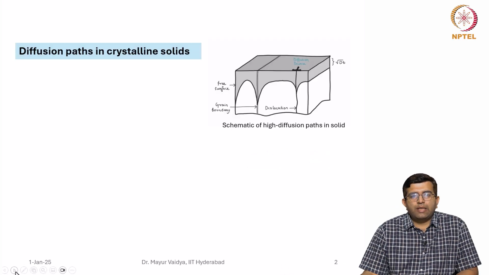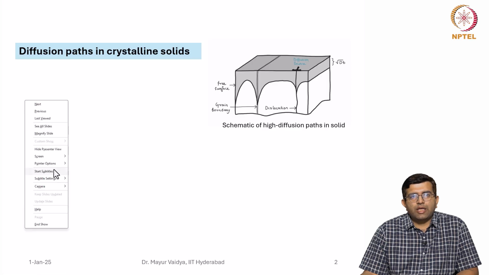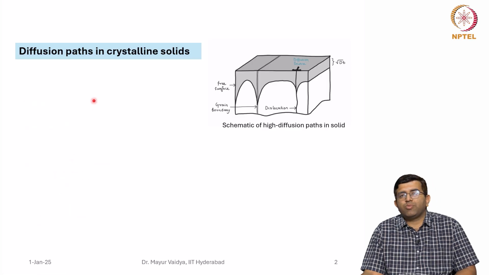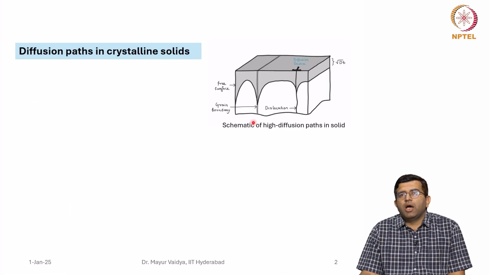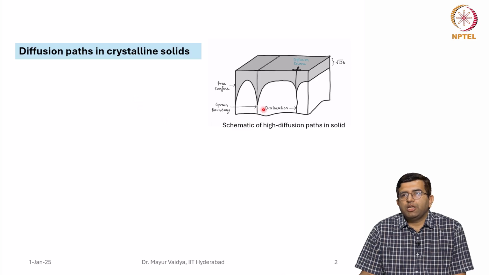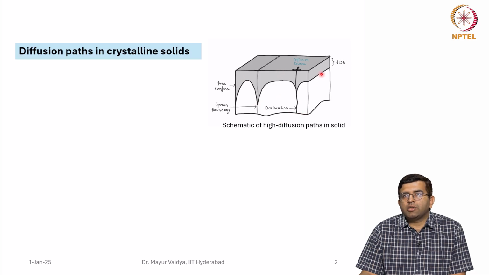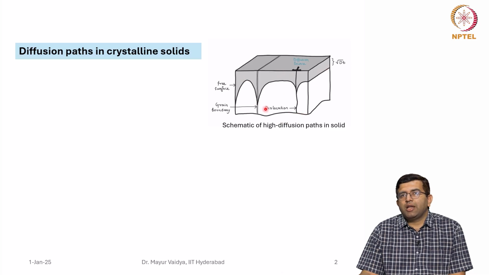So, as I said, other than the lattice, there are other diffusion paths in the crystalline solids. These are schematically shown here. You have the grain boundaries, dislocations and the free surface other than lattice where the diffusion can take place.